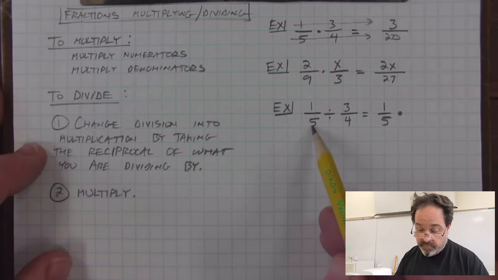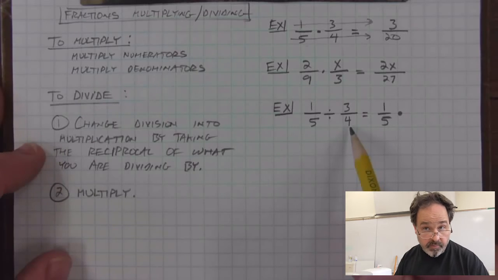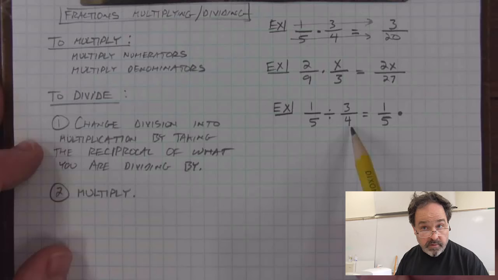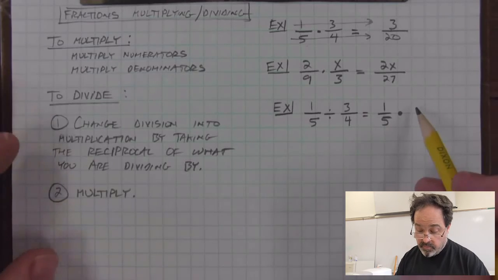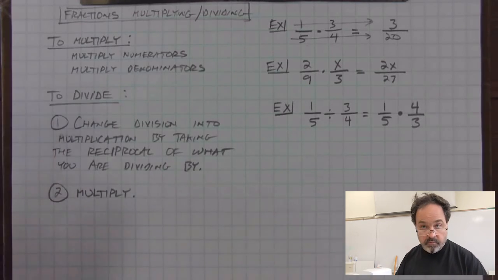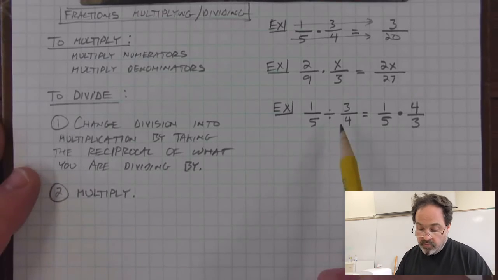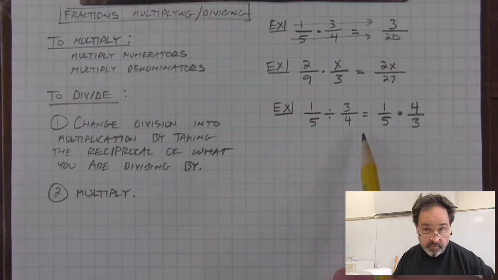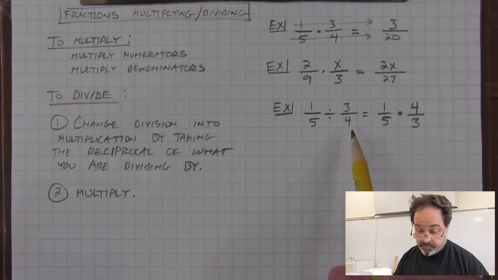So this is 1/5 divided by 3/4. What we're dividing by is 3/4. We're going to change it by taking the reciprocal of 3/4 and making it 4/3. We switch numerator to denominator. Changing division into multiplication requires those two changes at once.